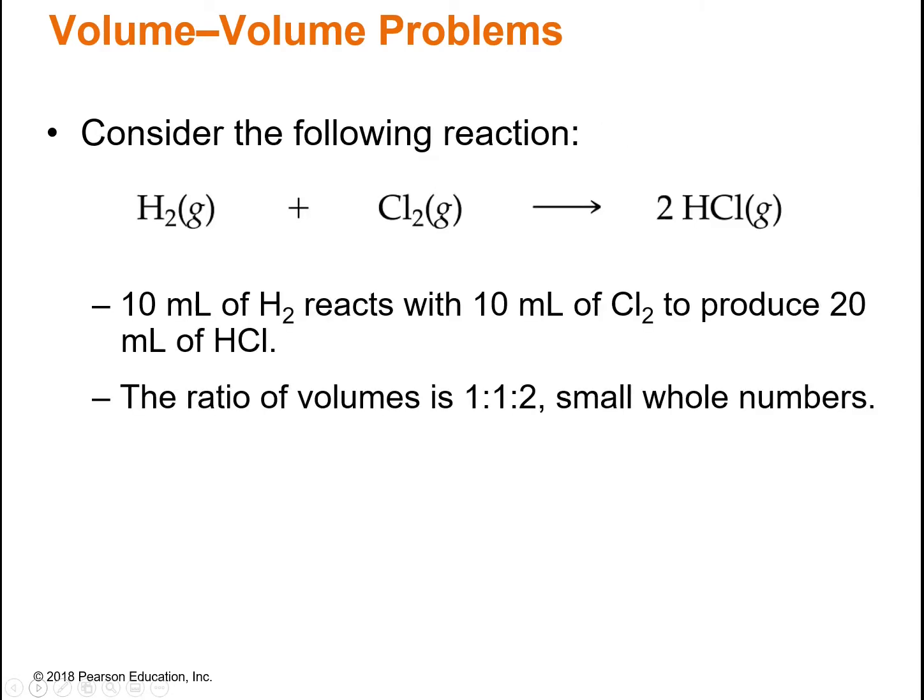So if we have this equation where we've got hydrogen gas and chlorine gas combining to make hydrogen chloride gas, if we have 10 milliliters of each reactant, we're going to produce 20 milliliters of product.